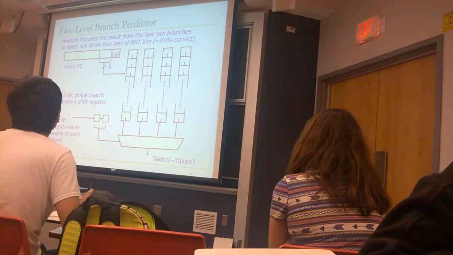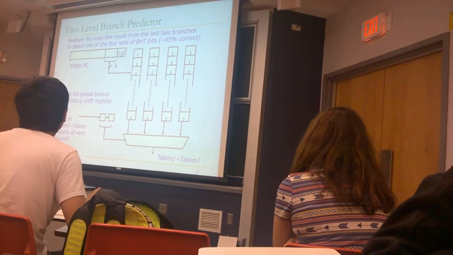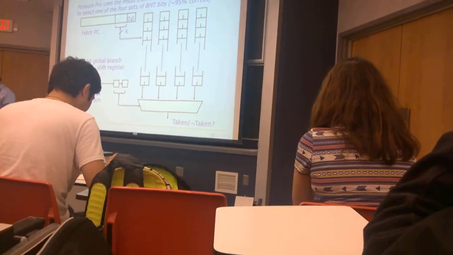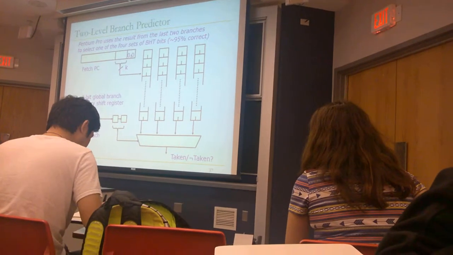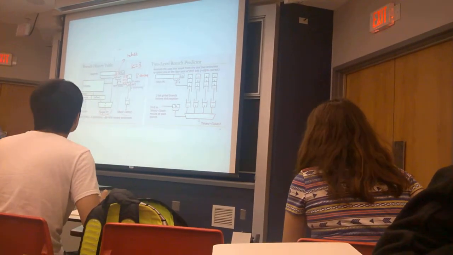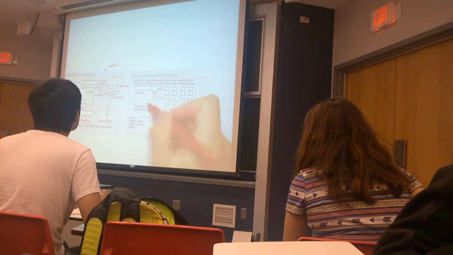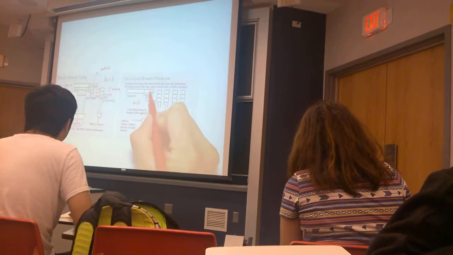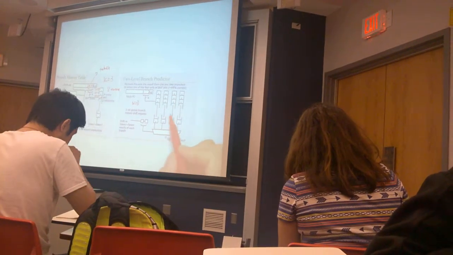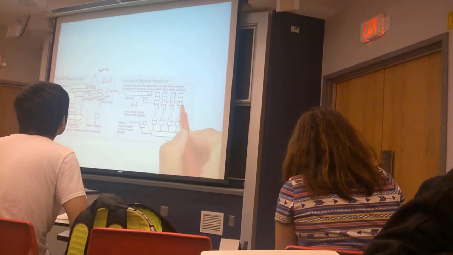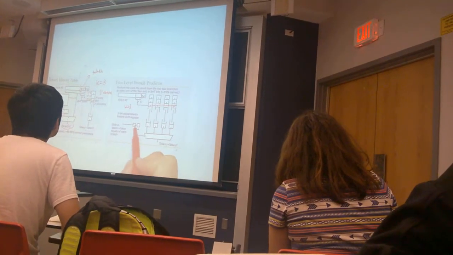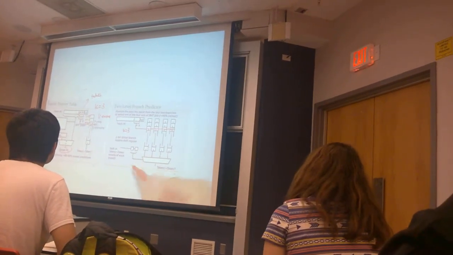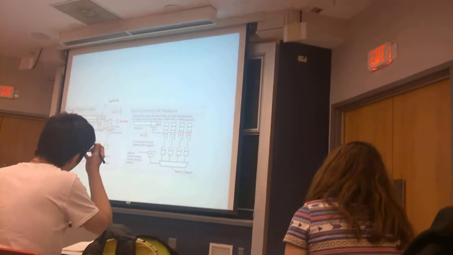Here is another design, the 2-level branch prediction. It has a very close idea to the previous one. For example, if k is 3, then we will use these 3 digits to index which entry will be used for the prediction. And also a global register, the branch history register, determines which column will be selected.